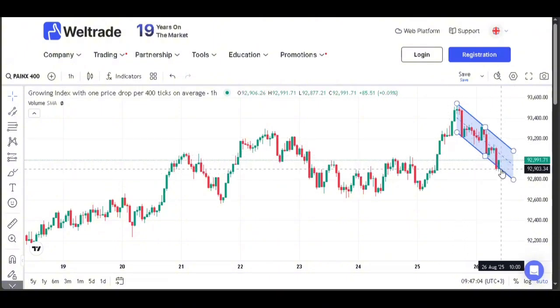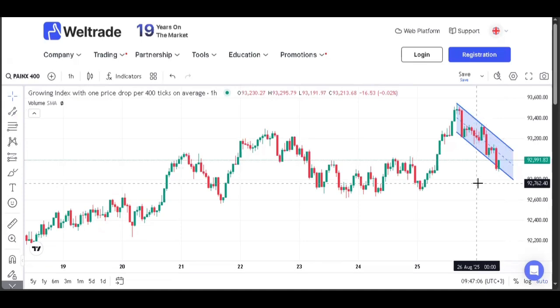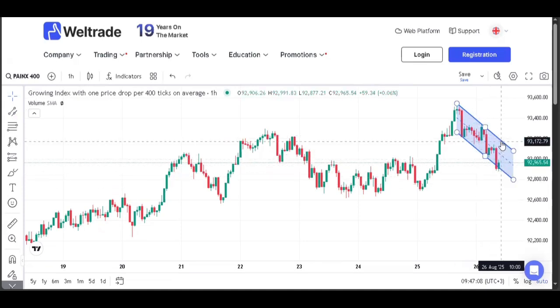Then after that, it started to pull back. So there's a chance that the market can pull back to this line or it can cross this line. So the moment it crosses this line, showing you a good, long candlestick, it means the market is now dropping. You get it? So we should look for an opportunity there.